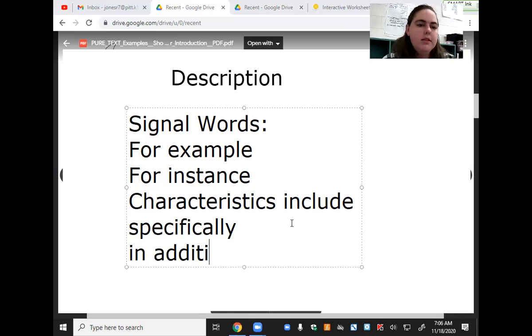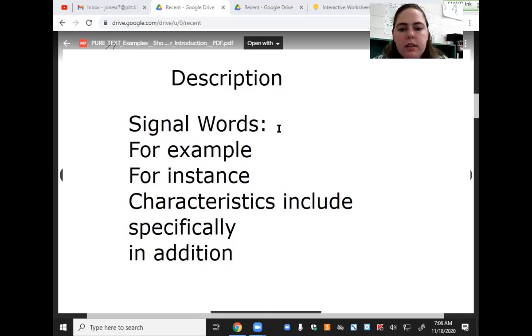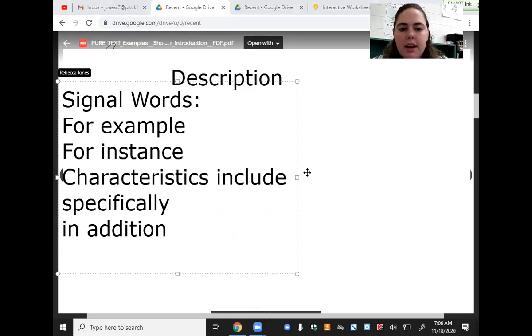There might be more, but these are the ones we're going to focus on. So we have, for example, for instance, characteristics include, specifically, in addition. Those are the signal words that we're going to look for in the text today.